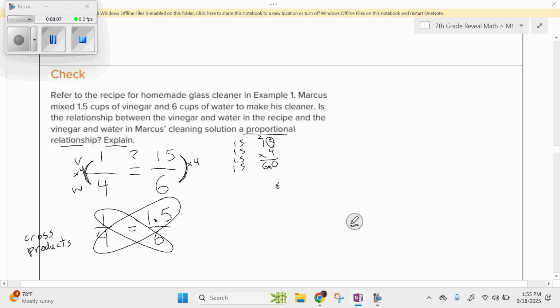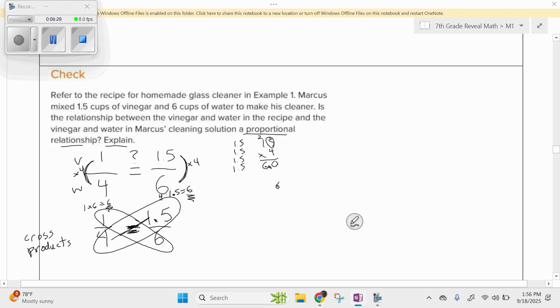So we know that 1 times 6 equals 6. And we check this cross product, that's 4 times 1.5. And we already did that math right over here. We know that equals 6. So since it's 6 and 6, we know that these ratios are equivalent or equal. Okay?